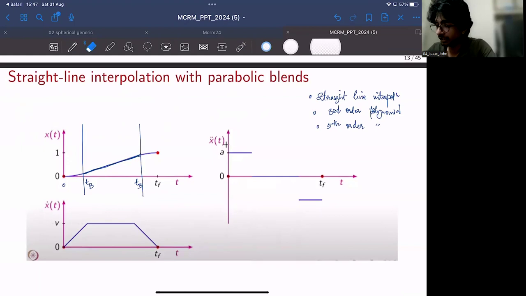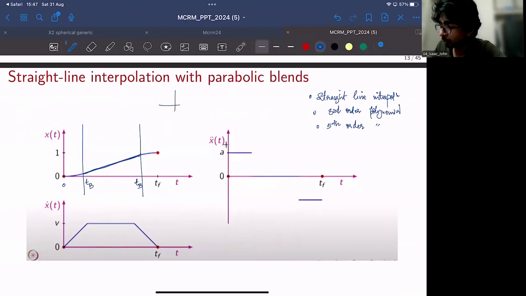But in the case of a robot, if you are commanding a robot to give a certain acceleration, your gains will be going to an infinite level to have that sort of infinite acceleration.